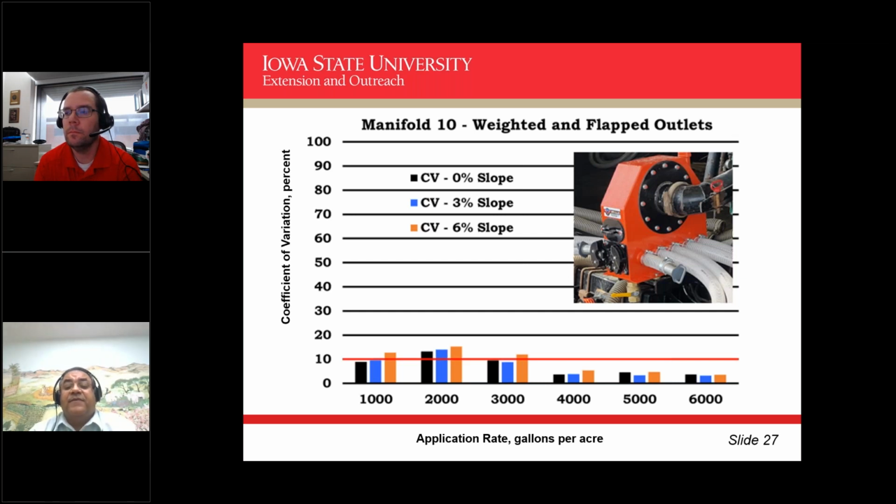So as the flow rate goes up, the outlets are unrestricted at that point. At 4,000 gallons and higher, we actually were around 5% variability on this, but even on the lower application rates, we were still around that 10% mark. So I think this one also did pretty well in getting to those lower application rates and doing manure distribution.